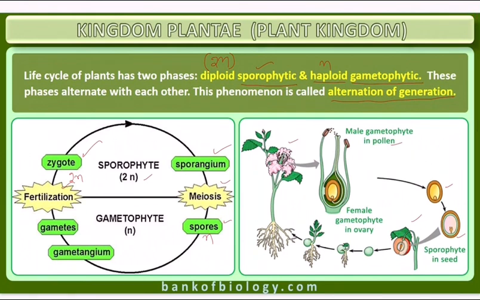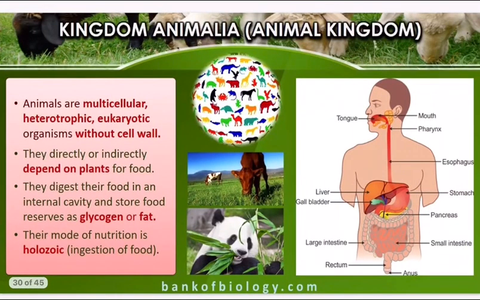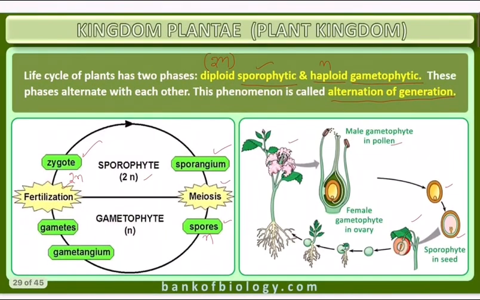Now at the base, of course, you have a male gametophyte and female gametophyte. The female gametophyte is in the ovary, and the female gamete is the ovum. The male gametophyte is the anther, and the male gamete is the pollen grain. So this is how sexual reproduction takes place. Now, in the case of plant cells, these are, as we said, eukaryotic with a cellulosic cell wall.